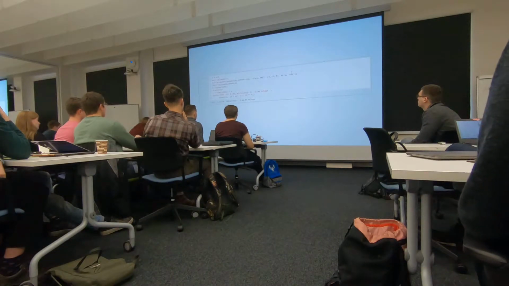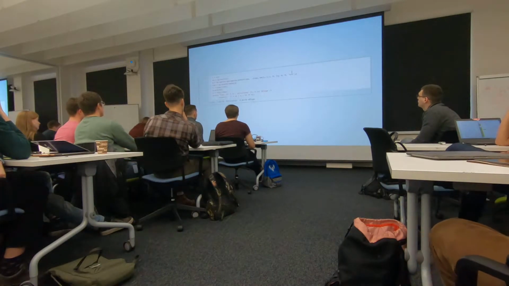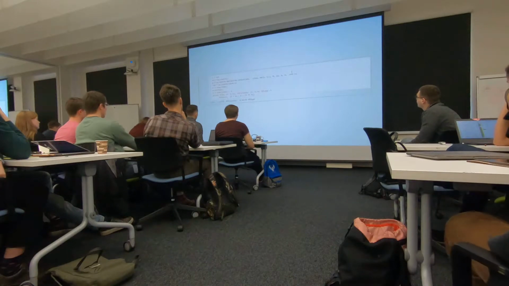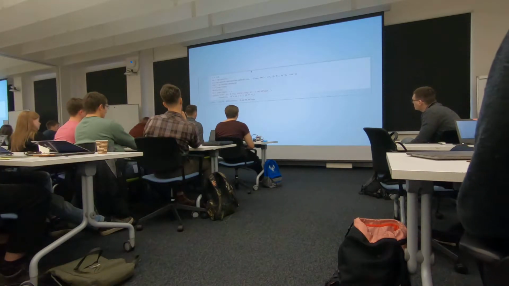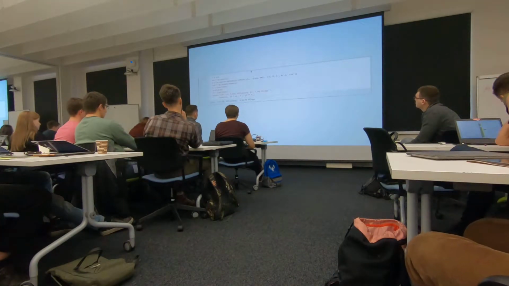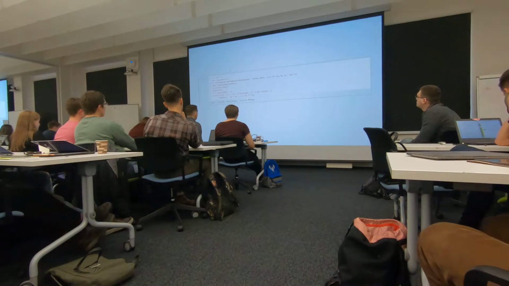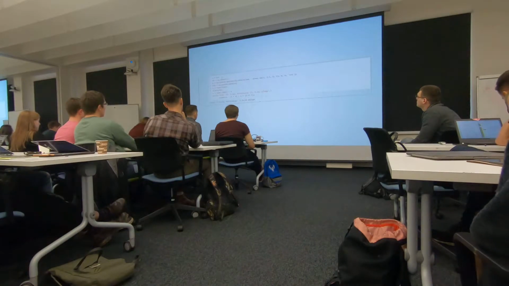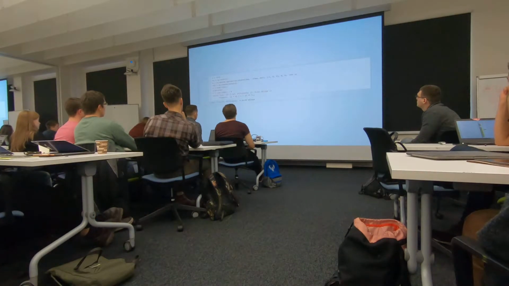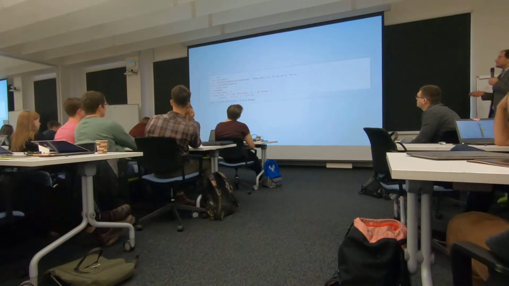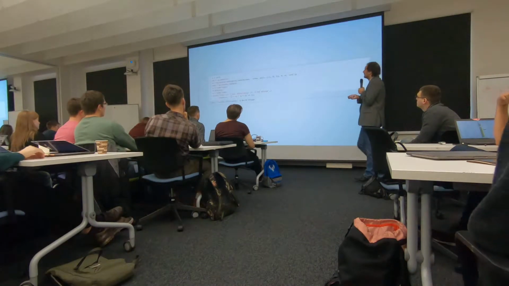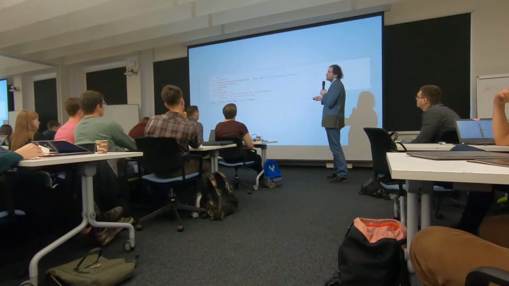So let's do a sparse matrix by vector product, and just take a tridiagonal matrix. Let's take 4,000 to compare. For the dense 4,000 case, the time was 10 to minus 2 seconds. Here the time is 10 to minus 4 seconds.